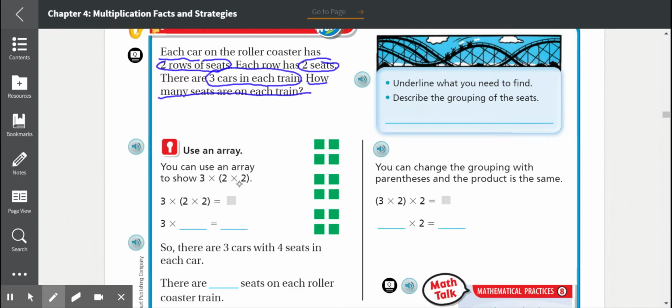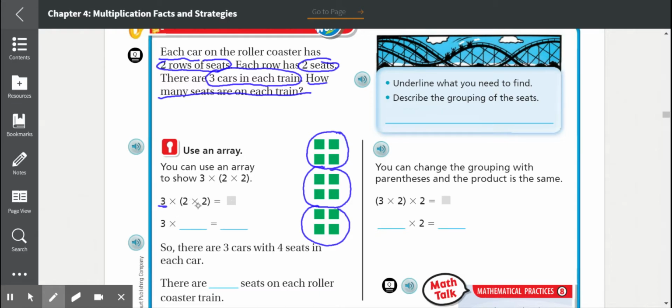You can use an array. So 3 is our groups because there's 3 cars. So we have 1, 2, 3. That's where the 3 is, the 3 groups. And in each group, there's 2 rows of 2. So we have 2 times 2, 2 times 2, 2 times 2.